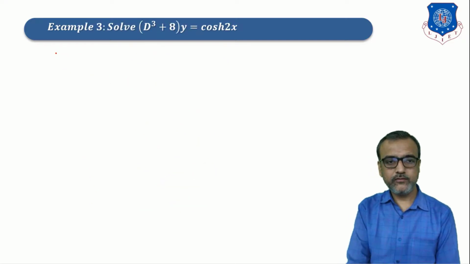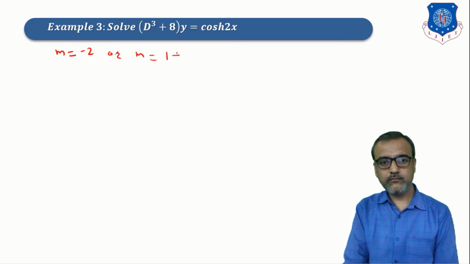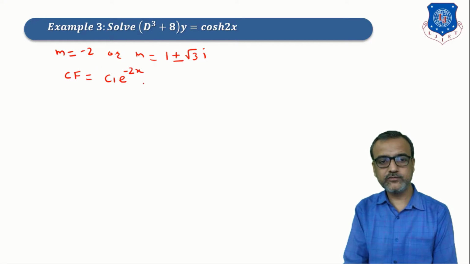We have m equals minus 2 or m equals 1 plus minus root 3i. Now based on these values of m, we have CF equals C1 e raised to minus 2x, this is for m equals minus 2.